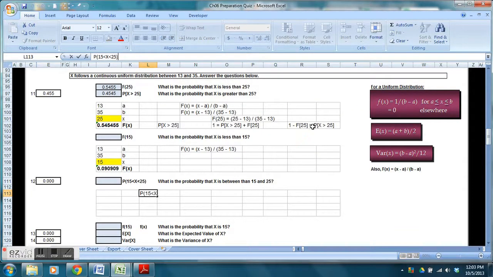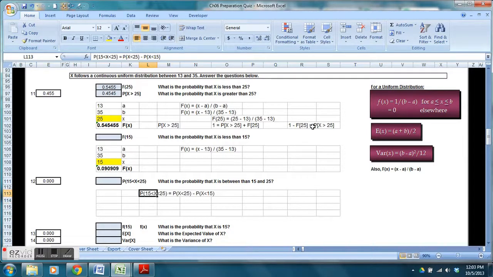This is going to be equal to the probability that x is less than 25 minus the probability that x is less than 15.